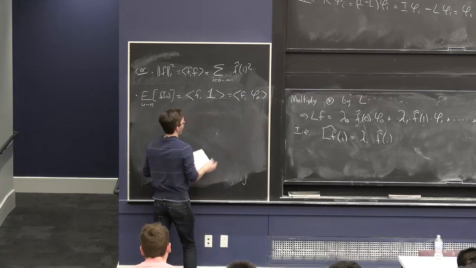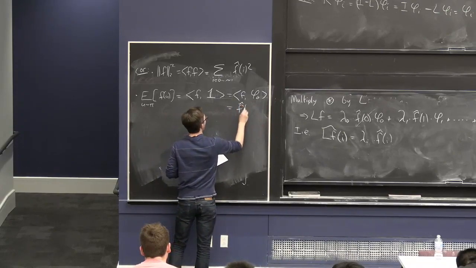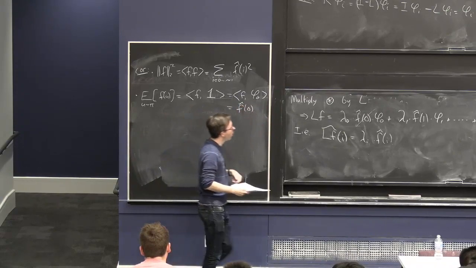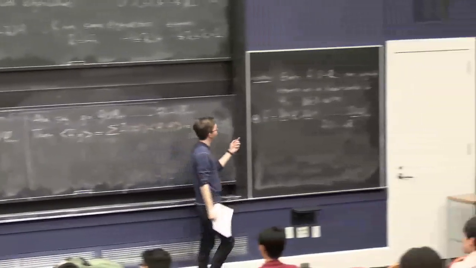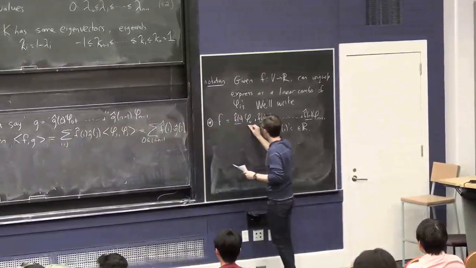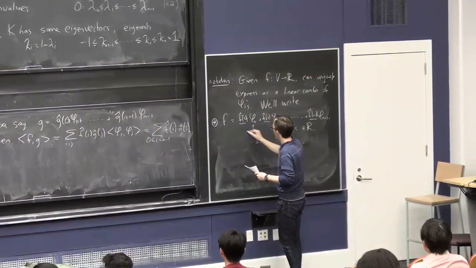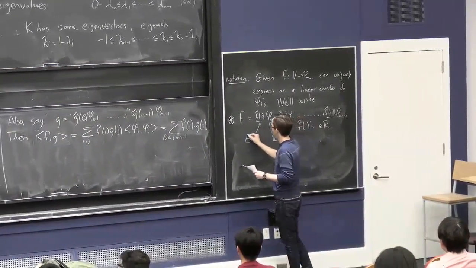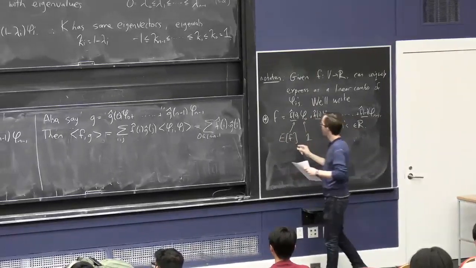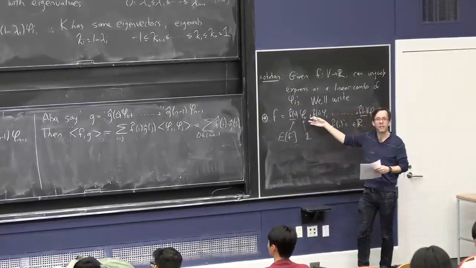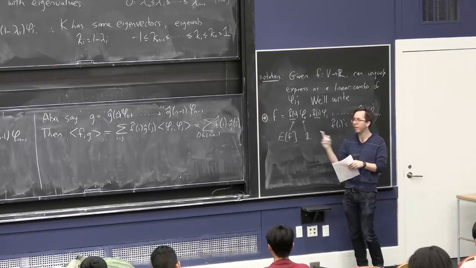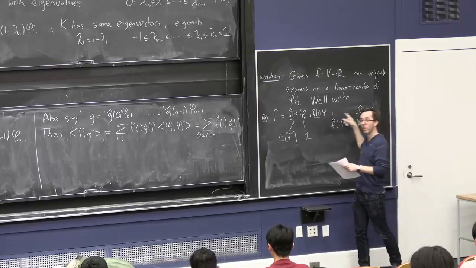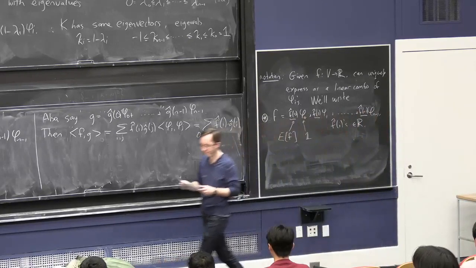So by this formula, this is just f hat 0. So when you write f in this form, this is really the constantly 1 function, by the way. And this is the expected value of f. So this is a constant function that's just constantly equal to f's mean. This first piece of the expansion is like the mean of f, and these are the fluctuations of f from its mean.